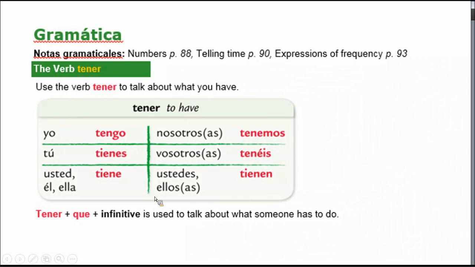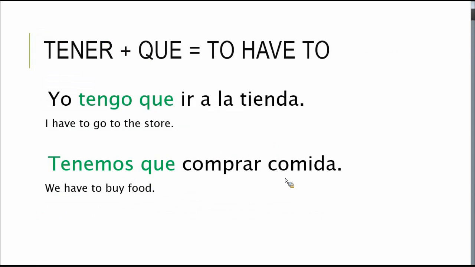Ellos tienen popcorn, right? You could say that, or you could drop the ellos and just say tienen, because we already know we're talking about the boy and the girl in that context. So sometimes you can drop those subject pronouns at the beginning. Tenemos only ever means we. Tenemos que comprar comida.